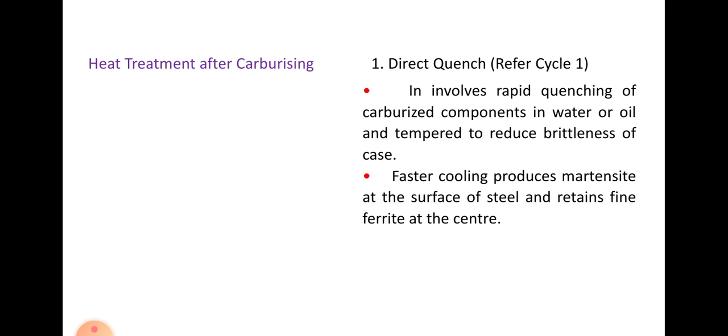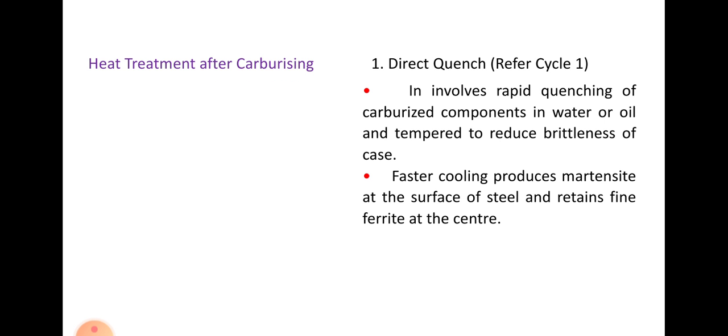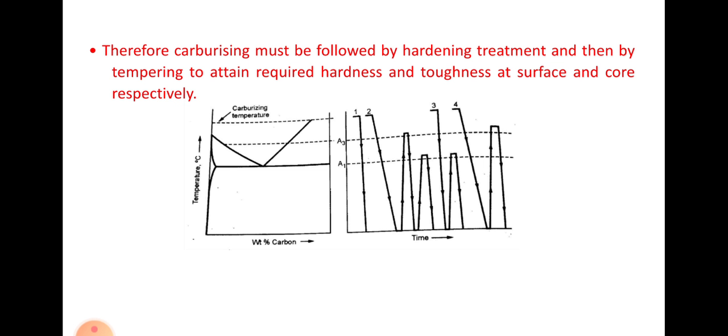First is direct quench. The first cycle shows direct quench, which involves rapid quenching of the carburized component in water or oil, followed by tempering to reduce brittleness of the case. That is very fast cooling. It produces martensite at the surface of the steel and fine ferrite at the center. So this is the first cycle.